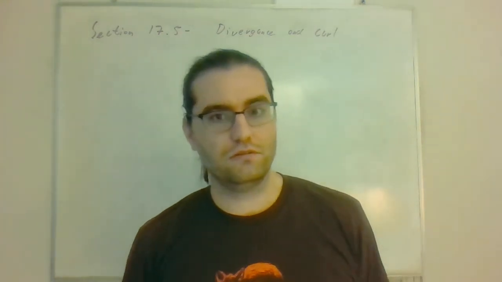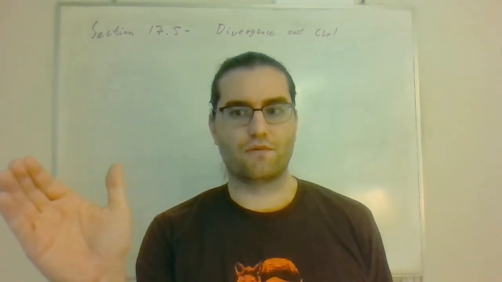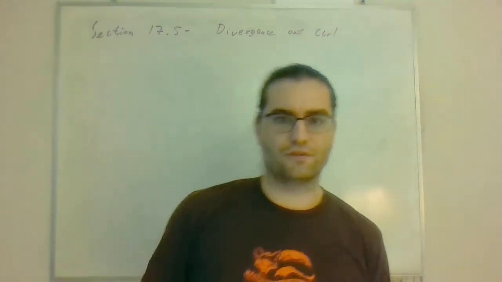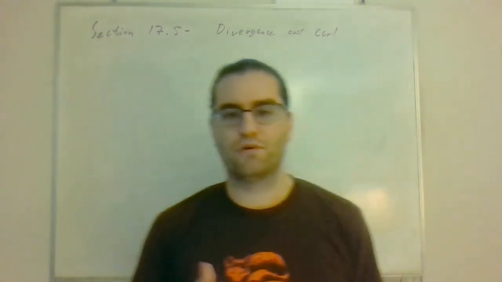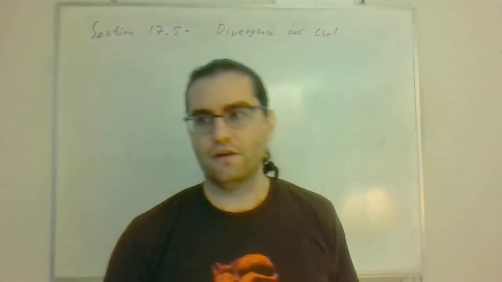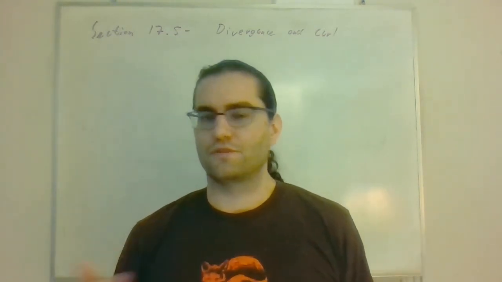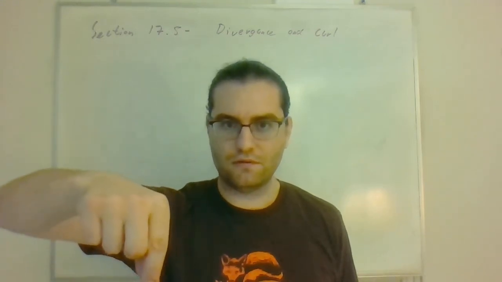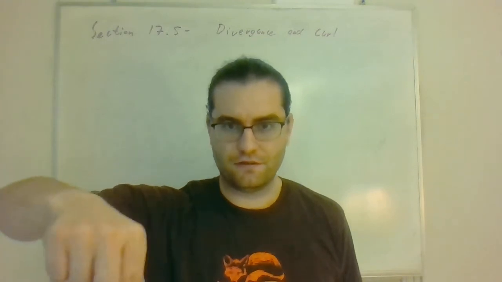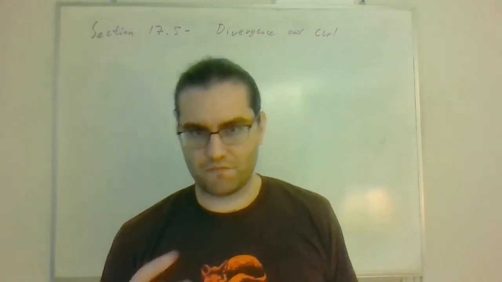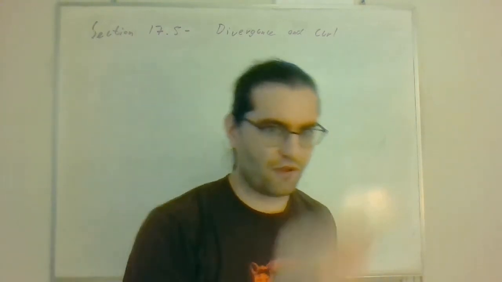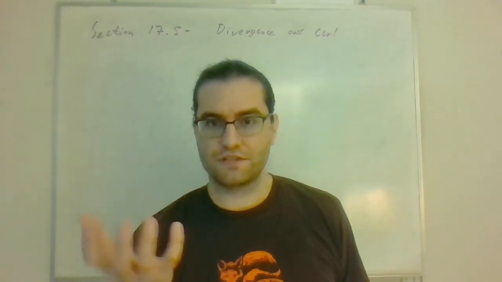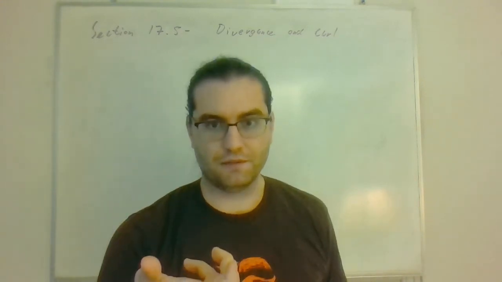The curl will tell us about the rotational properties of the vector field. So it's another derivative operator that we're going to apply to vector fields, and the output will say, if you imagine placing a small ball in a spot on a vector field, and that ball is fixed in place, so it's not going to move and flow with the vector field, but it can spin, will the forces and the flow of this vector field cause it to spin?